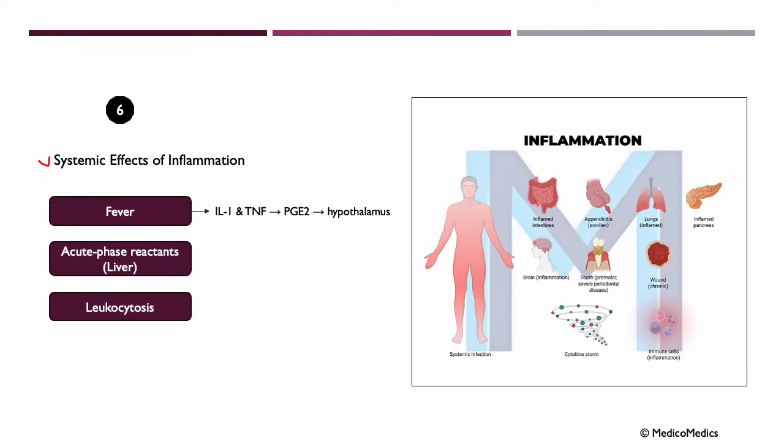Now, here, cytokines like interleukin 1 or tumor necrosis factor alpha are released by activated immune cells, right? And they will travel to the hypothalamus. There, in the hypothalamus, they will stimulate the production of prostaglandin E2. And prostaglandin E2 raises the hypothalamic set point for the body temperature.